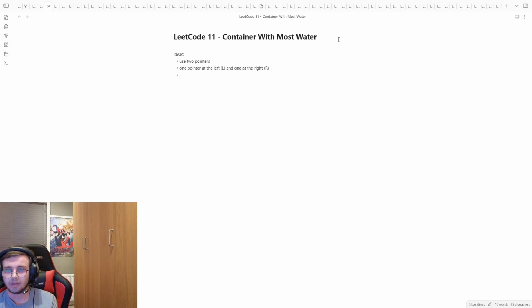Then we're going to find the volume between L and R. The way that we're going to do that is we find the lower value between L and R. We're just going to call this min for now.